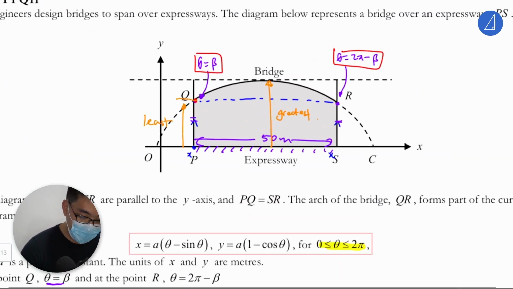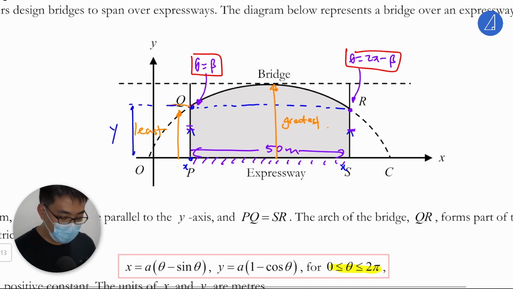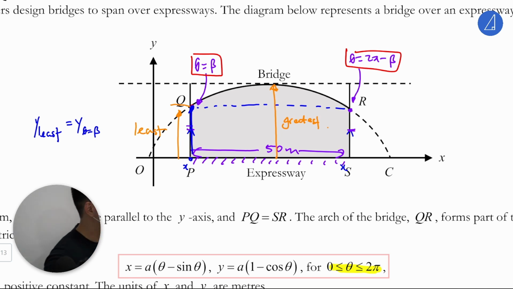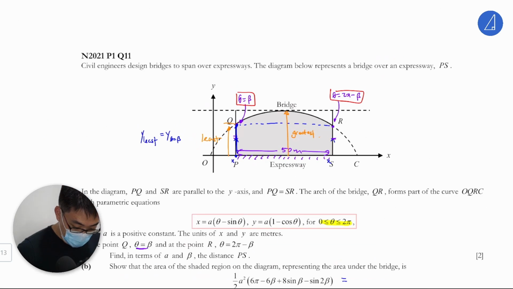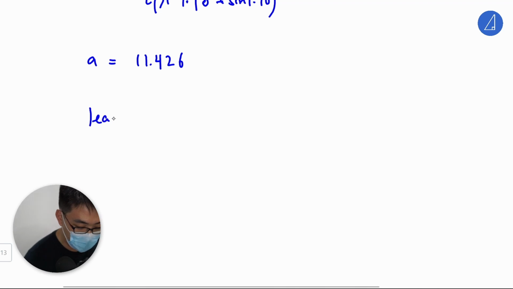Take note, from this diagram here, the least height, the height is of course y, right? The y least will be y when theta equals to beta. Because you see this is invisible force. That will be theta is beta here. Yes. So in other words, the least height is y when theta is beta.